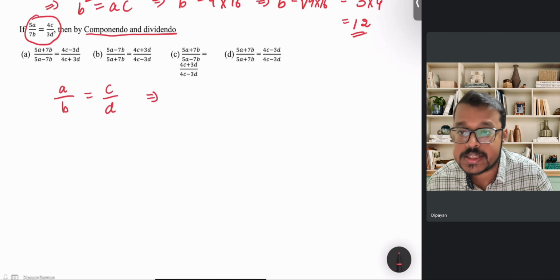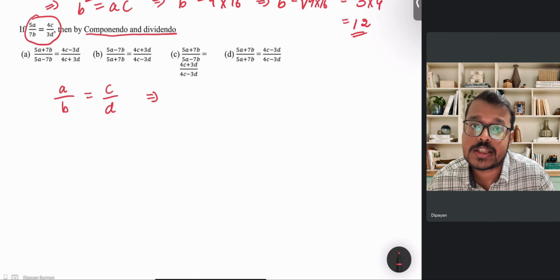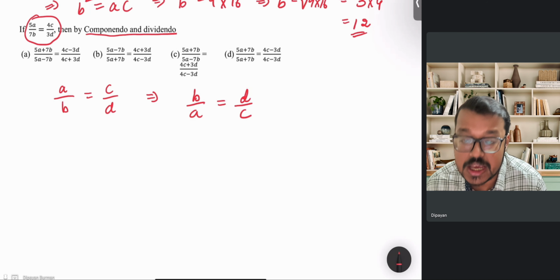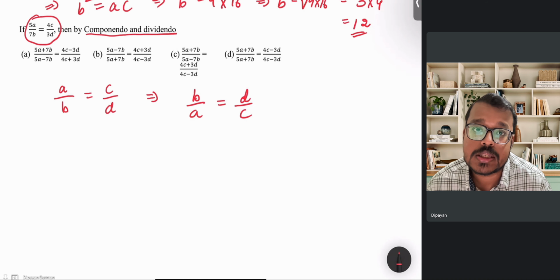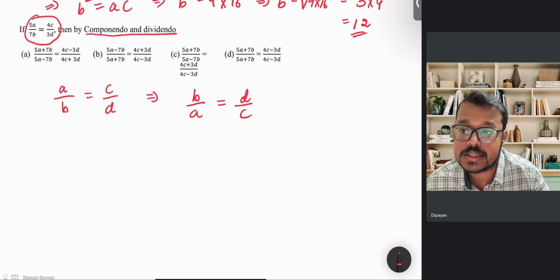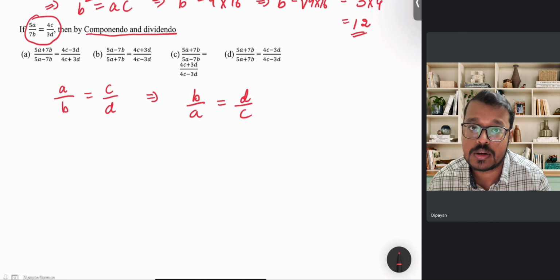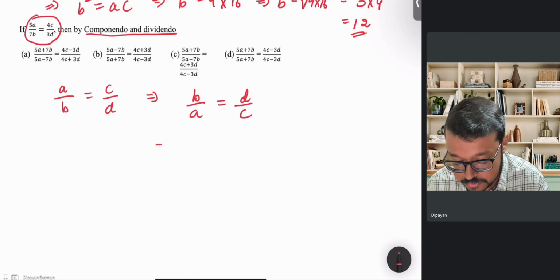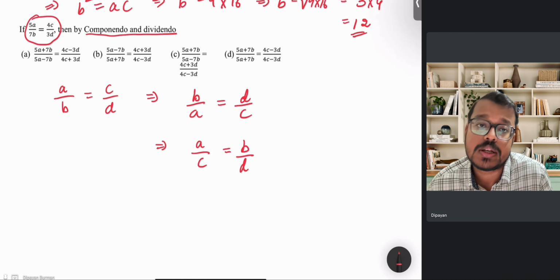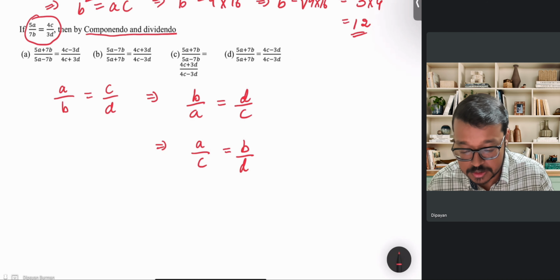Suppose, for example, I take the reciprocal on both sides, I have b by a, that will always be equal to d by c, and this property is known as invertendo. If I interchange b and c, through cross multiplication, a by c will always be equal to b by d, and this property is known as alternando.